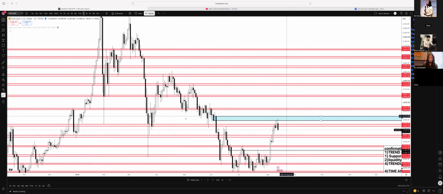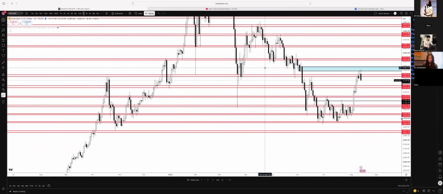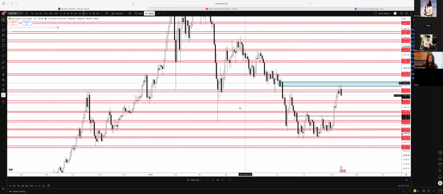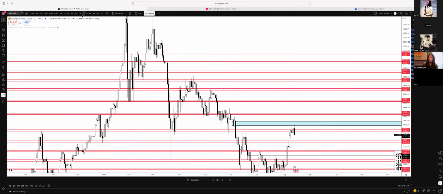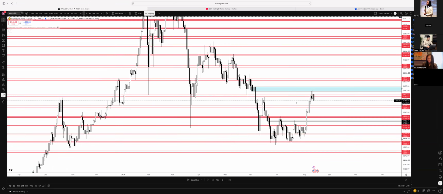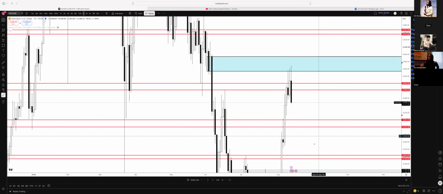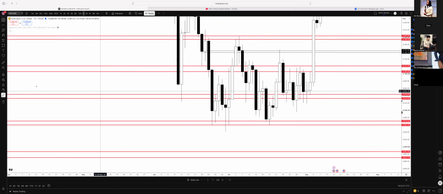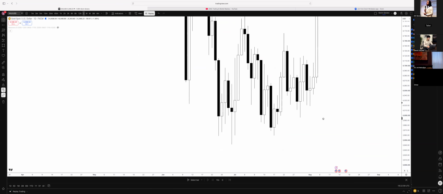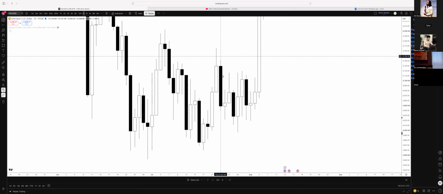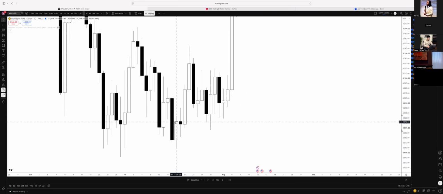Can't see one right now. Okay, even down here, right? So before this buy, if I clear this up, before this went up, guys, so it went up, this order block, okay?